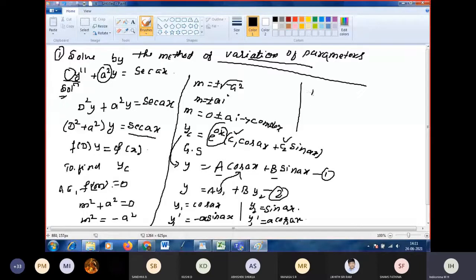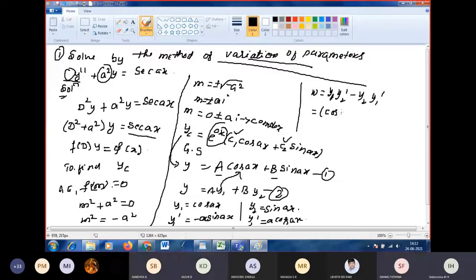Next, W. What is the formula to find W? W is y1 into y2 dash minus y2 into y1 dash. What is y1?